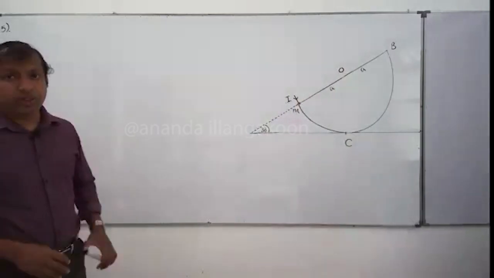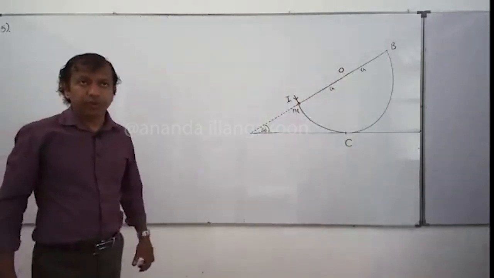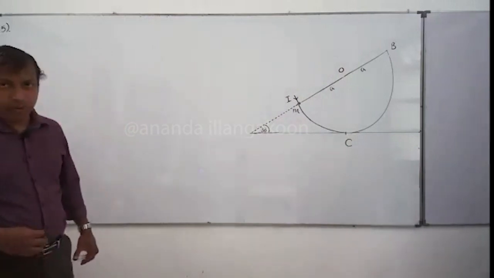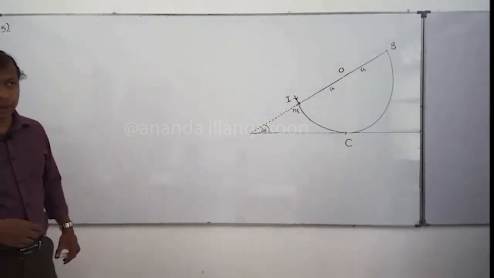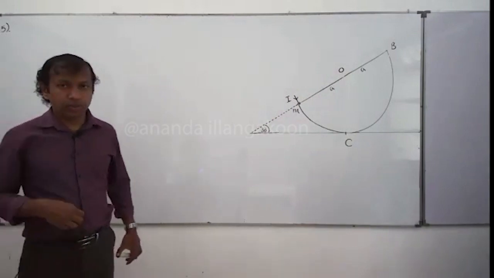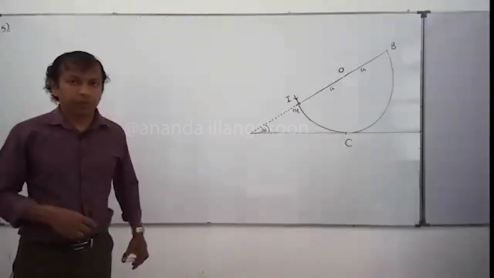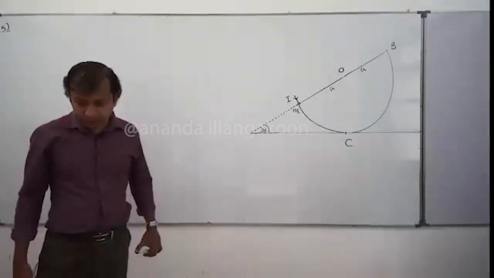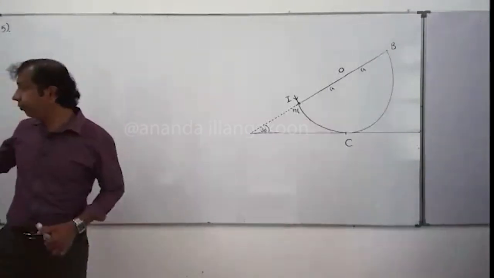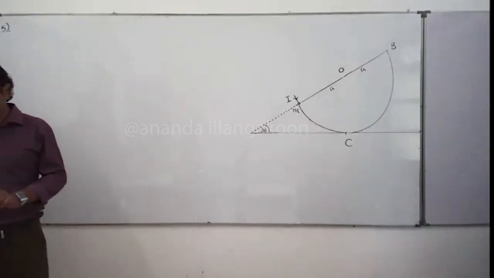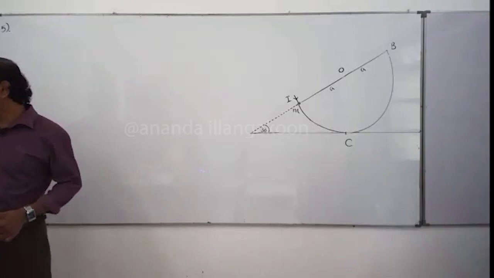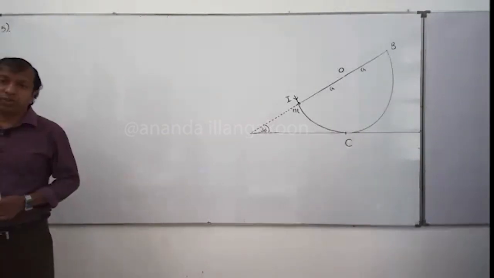We can apply I equals delta mv. This I equals delta mv we learned, I think, in impact of elastic bodies. Impulsive force is defined to be change in momentum. Delta mv means difference of momentum, final momentum minus initial momentum.